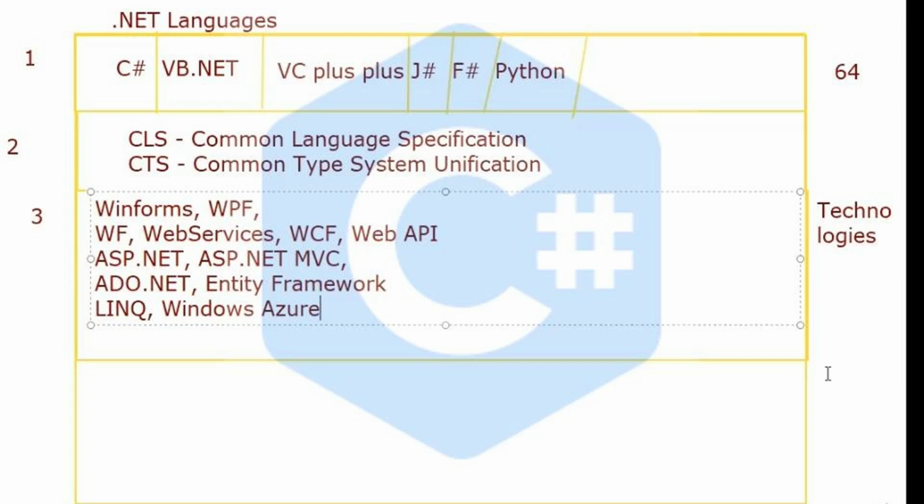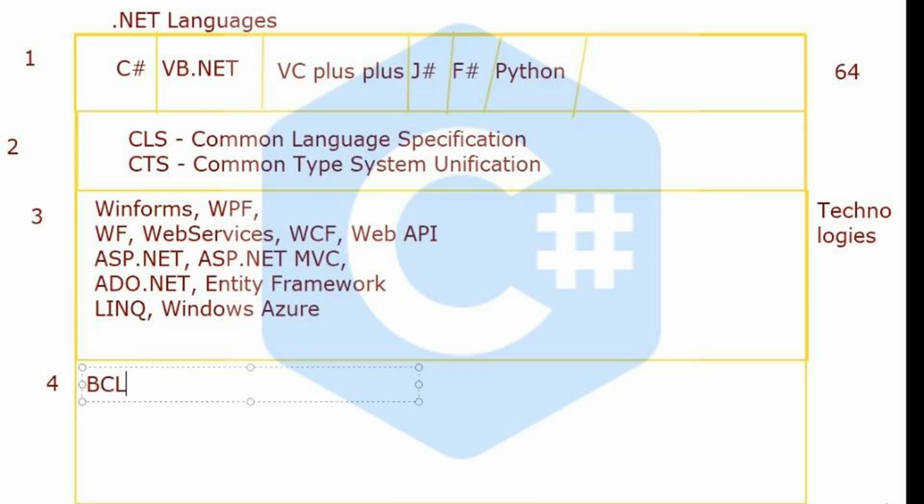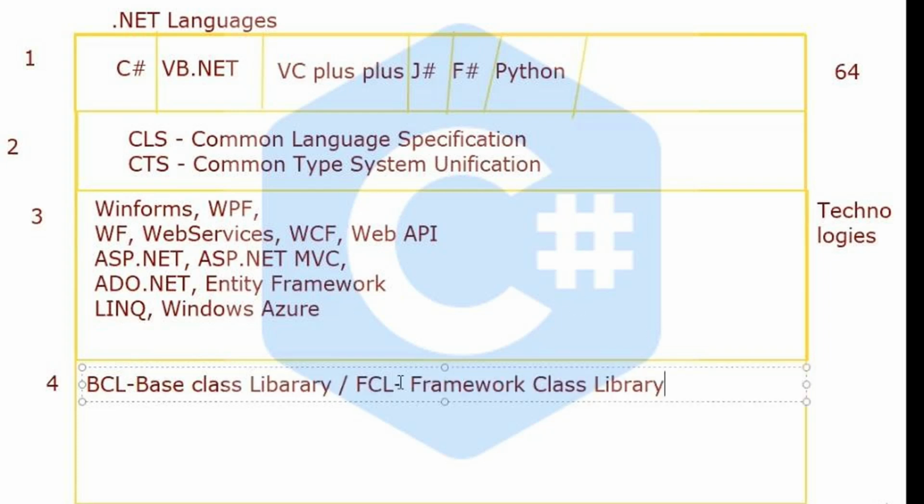Next, layer 4 will talk about BCL and FCL, which stand for Base Class Library and Framework Class Library. These are predefined, existing libraries given by Microsoft.